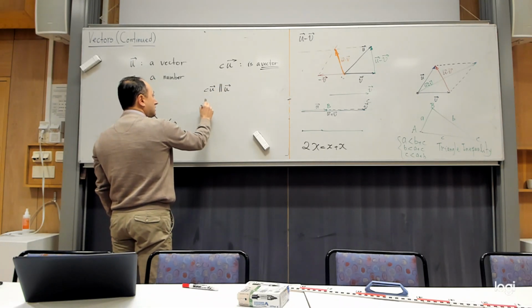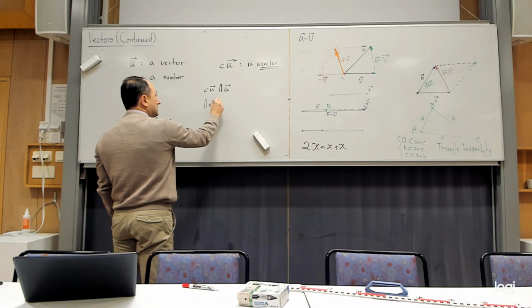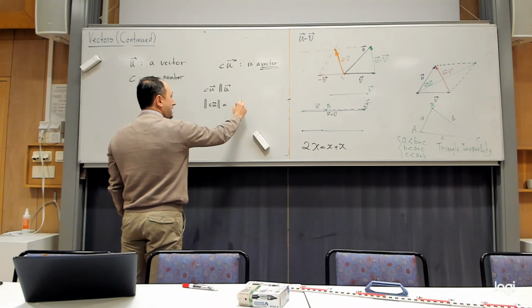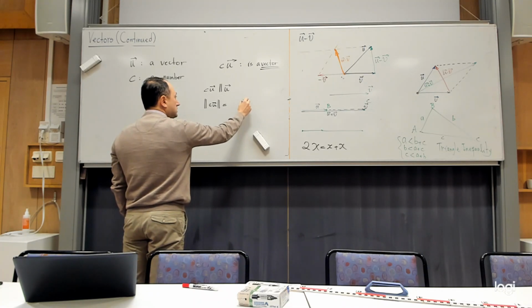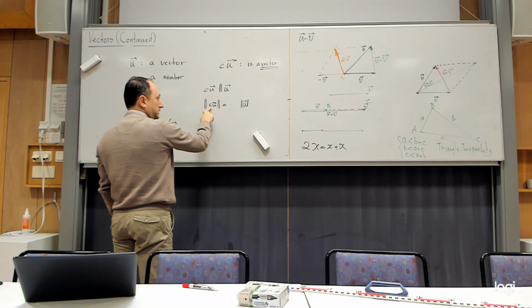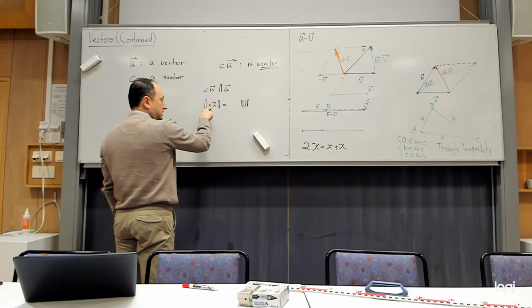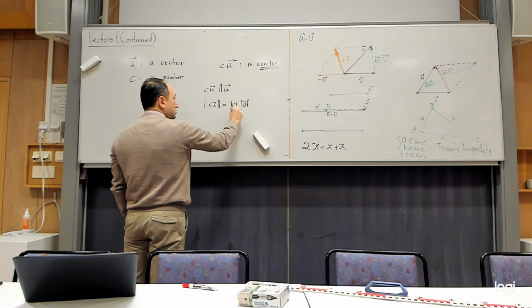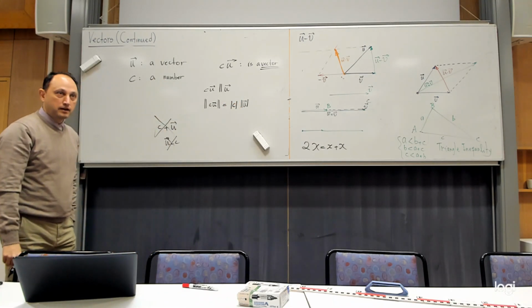The length of cu is the length of u multiplied by that number, if the number is positive, and it is the negative of that number if the number is negative. So you write it as the absolute value of c. Yes?